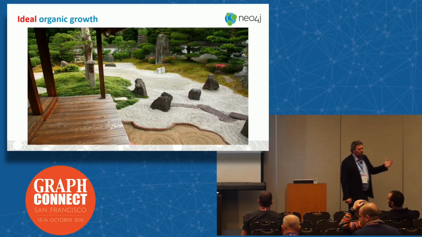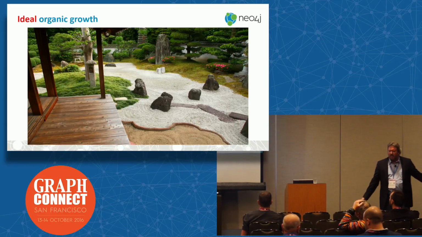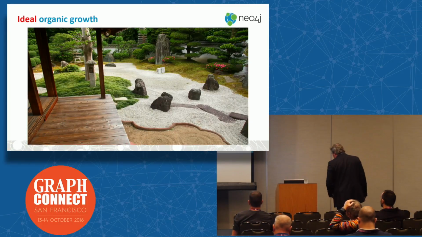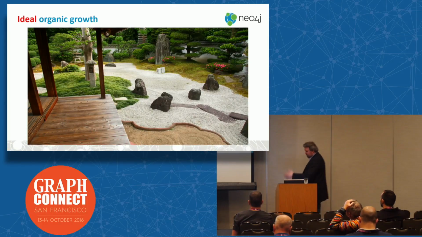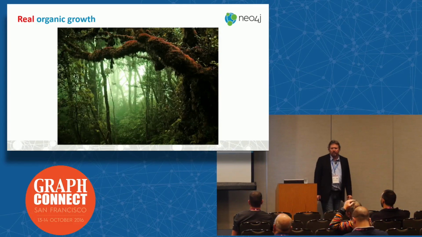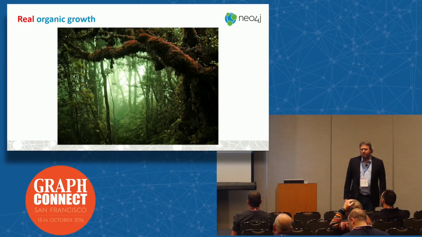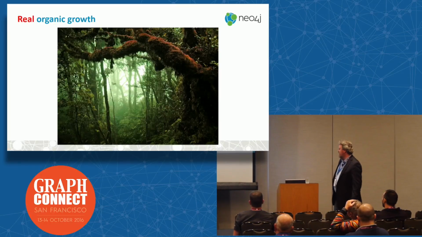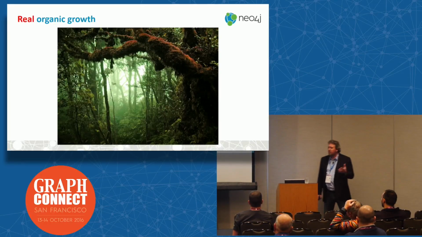So, ideal growth, if you just let it grow organically, you create your groups, hey, Active Directory is a hierarchy, you just naturally let that grow, and you'll get the zen of a Japanese garden. The truth is that real organic growth is much more like this. Okay? Completely unmanaged, it's run amok. It seems in your head that there's some kind of order to it, when in fact there's not.